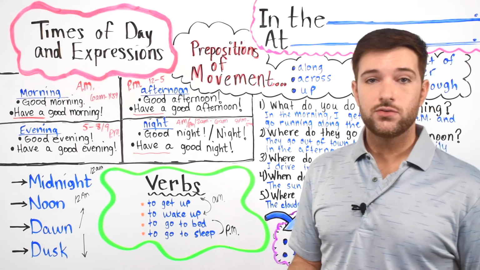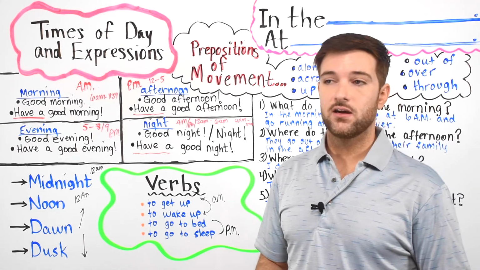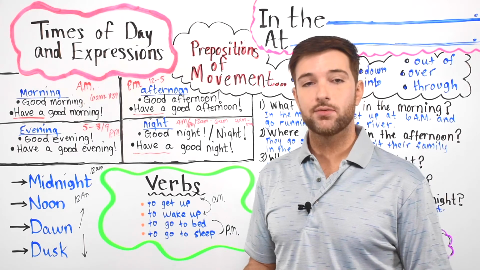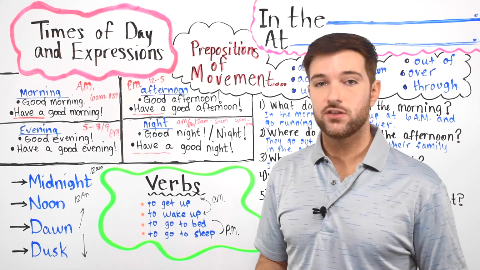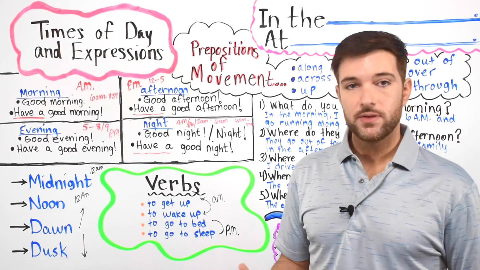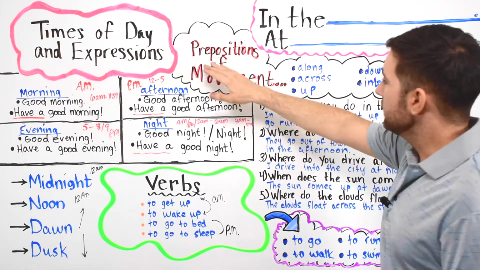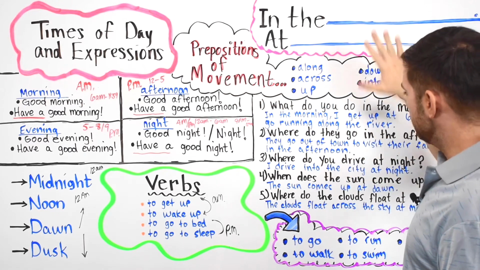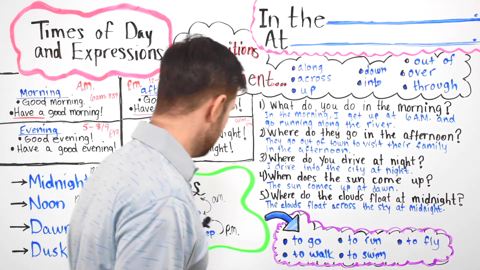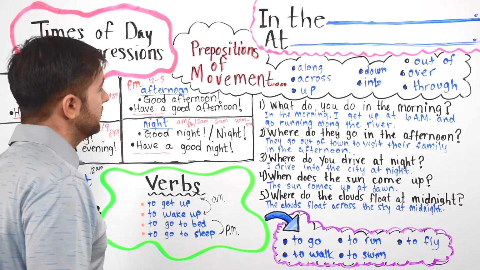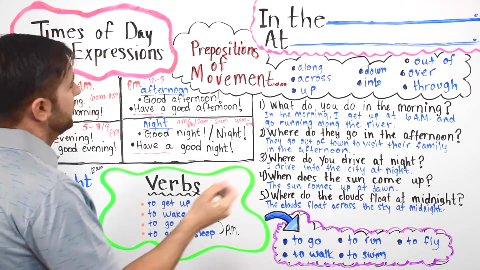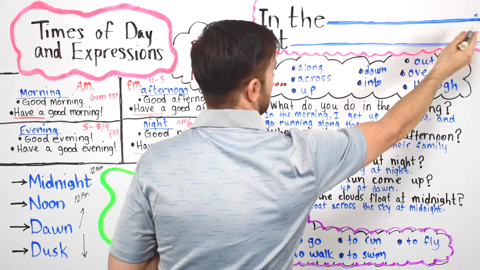So now we're going to look at some sentences, but I want to tell you first what prepositions to use before each of the words and explain a little bit about prepositions of movement. So you're going to see here we have prepositions of movement, and then we have these. Now, when we talk about prepositions of time, you can see here that we have "in the" and then a blank.